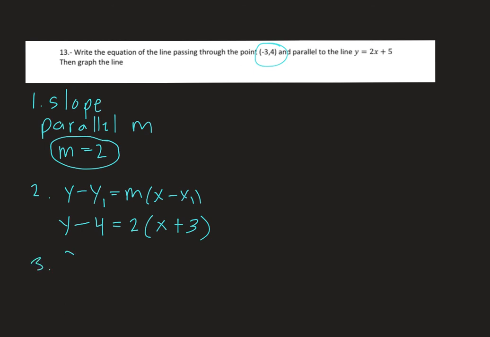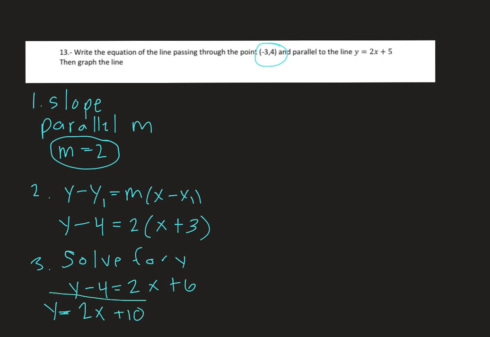The third thing to do is solve for y. So I have y minus 4 equals 2x plus 6. And then I add the 4 over, I get y equals 2x plus 10. So there is the equation of our line. Now we're not quite done with this problem because they do tell us to graph.